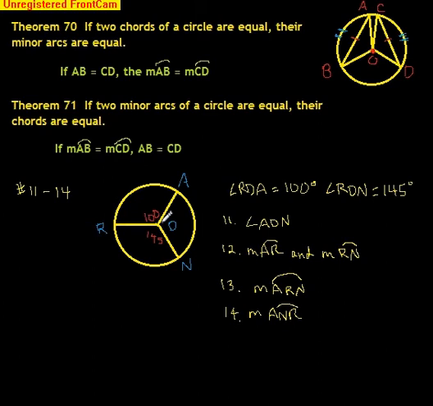So I'm just going to take 360 and subtract from it 100, and subtract from it 145. And we get 115. So the measure of angle ADN is 115 degrees.